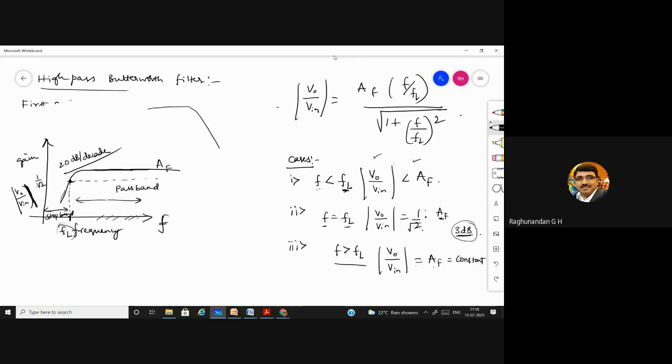See, this is the important thing which you need to mention while discussing low pass and high pass. There, 20 dB per decade was the rate at which the gain was decreasing. Here, 20 dB per decade is the rate at which the gain is increasing. Okay, remember this.